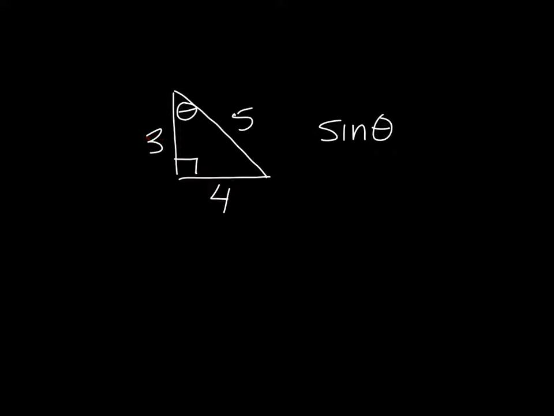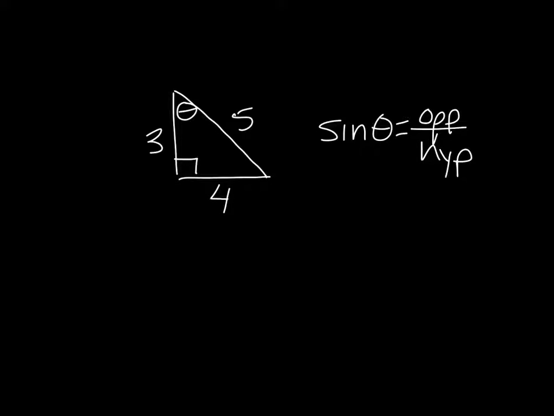So I have my adjacent, my opposite, and my hypotenuse. And sine is the opposite over the hypotenuse. So sine is opposite over hypotenuse. That's something you need to memorize.